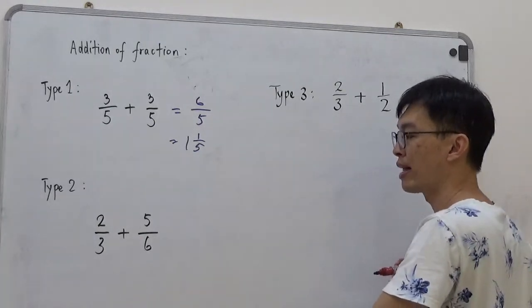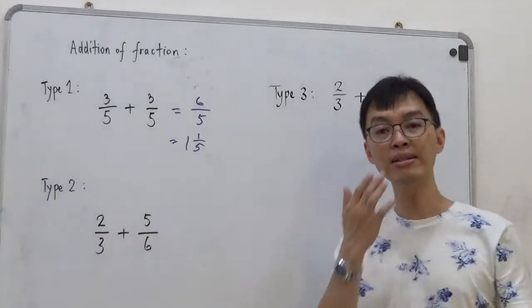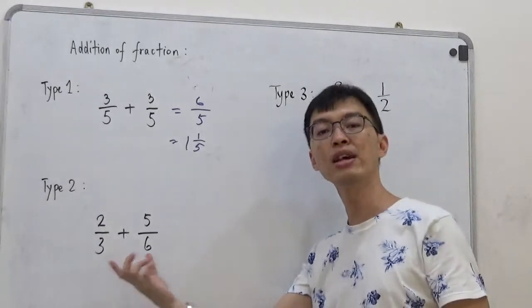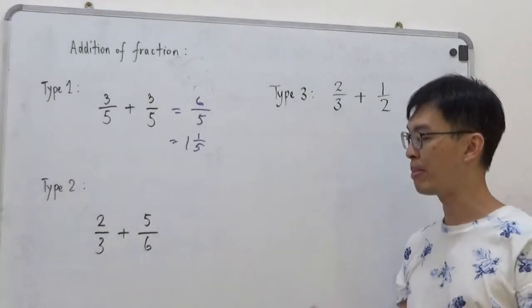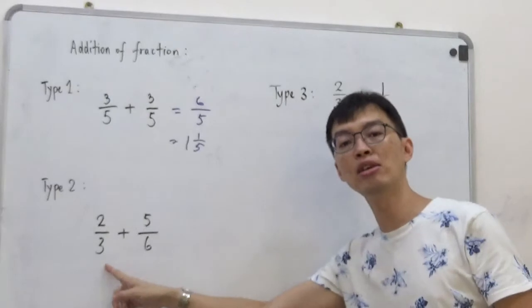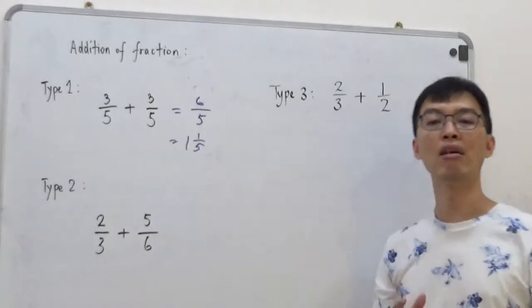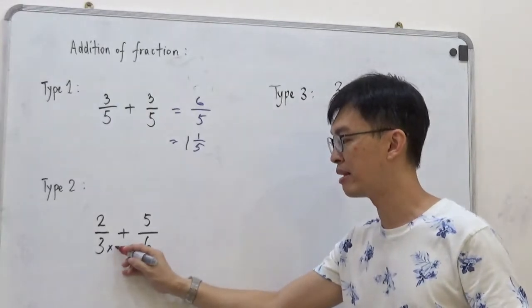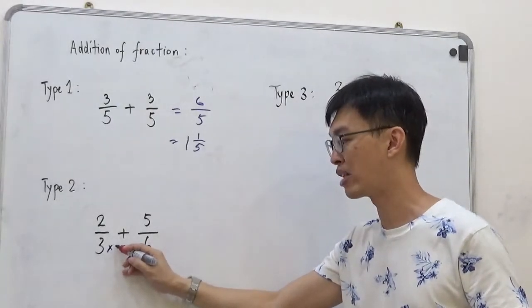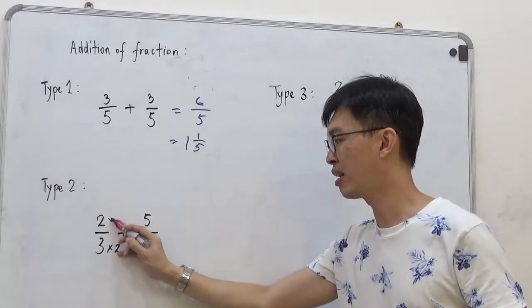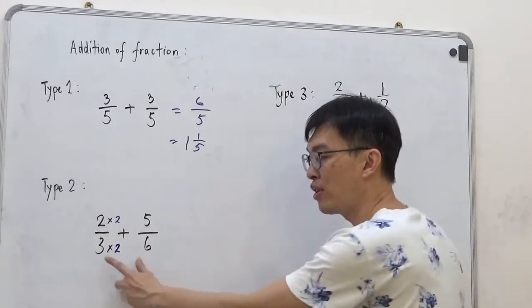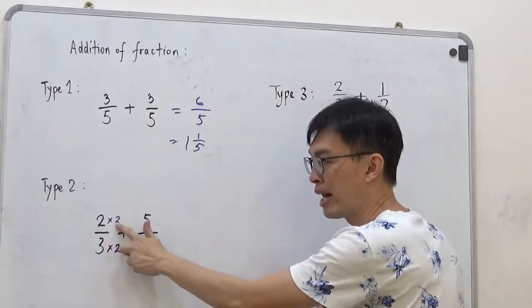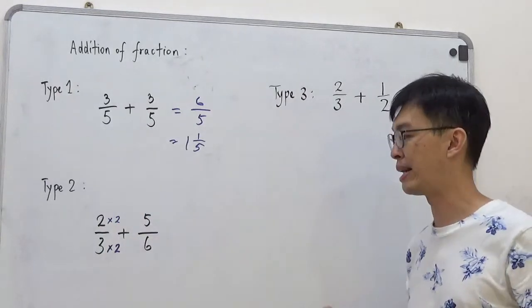So let's do type 2 of the question. Now, when I say the denominators are different, I got to change one of them. What do I mean? I got to make the denominators the same. Now, what should I do? I should just simply multiply 3 by 2, multiply by 2 as well. Whatever you have done to the denominator, you have to do the same to your numerator.